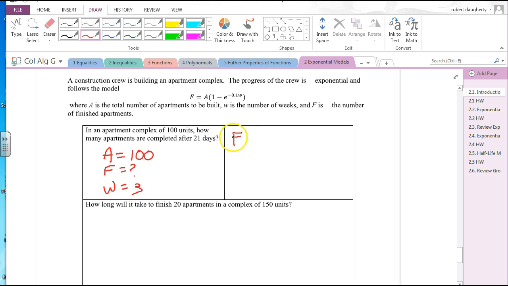So I get F is equal to 100, 1 minus e to the minus 0.01 times 3, okay? The nice thing about it, you don't have to do this and then figure out this and then subtract 1, and your calculator will let you put all of that in into one big expression.